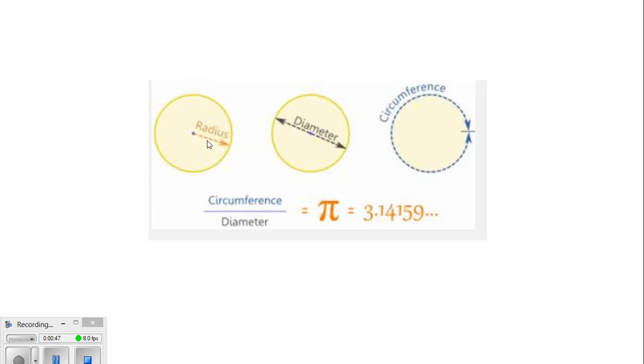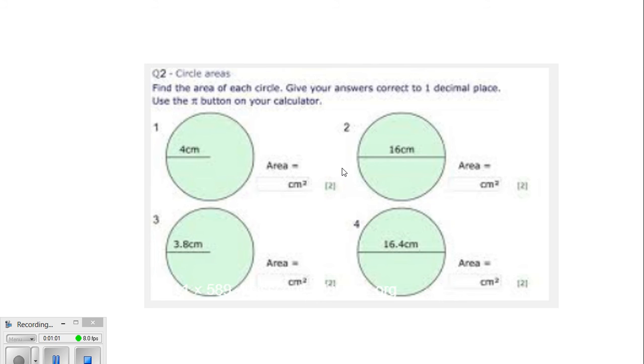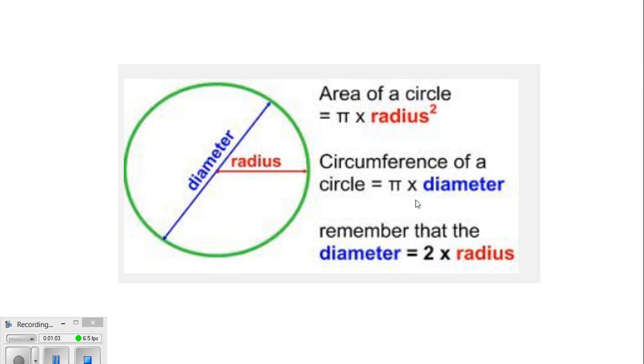We know that the area of a circle is pi r squared, pi times r squared, okay? The circumference of the circle is pi times the diameter, or alternately 2 pi r, since the diameter is 2 radii. Okay.